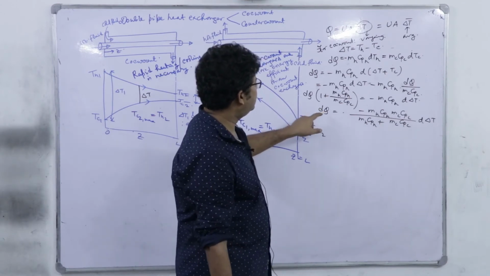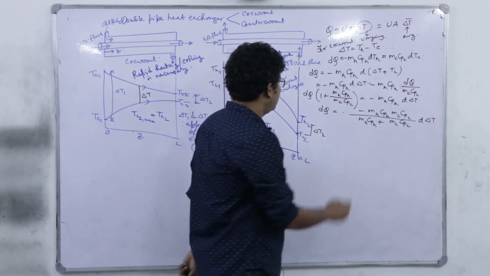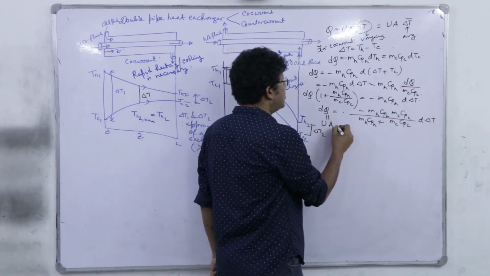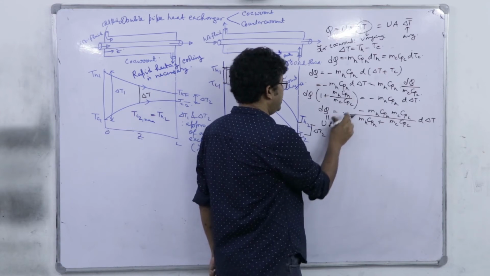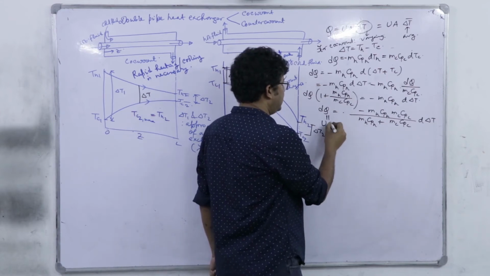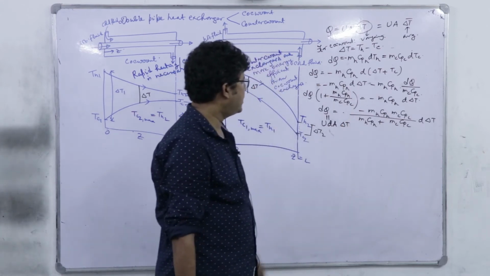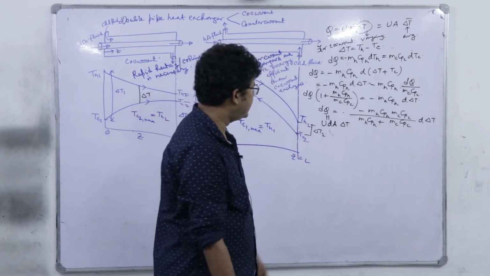Now you see this dQ, it's also equal to U into dA into delta T, right, over this small gap.